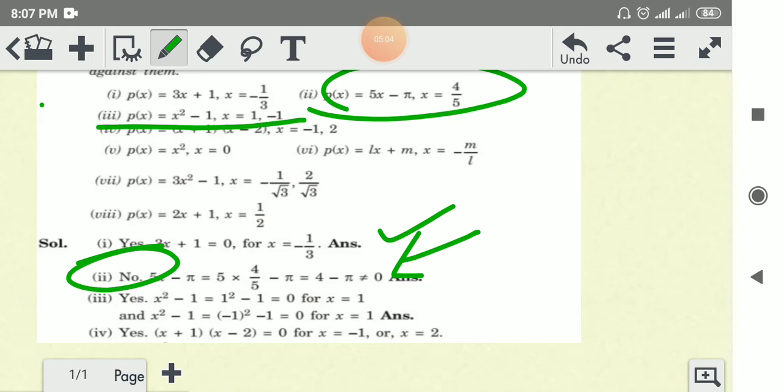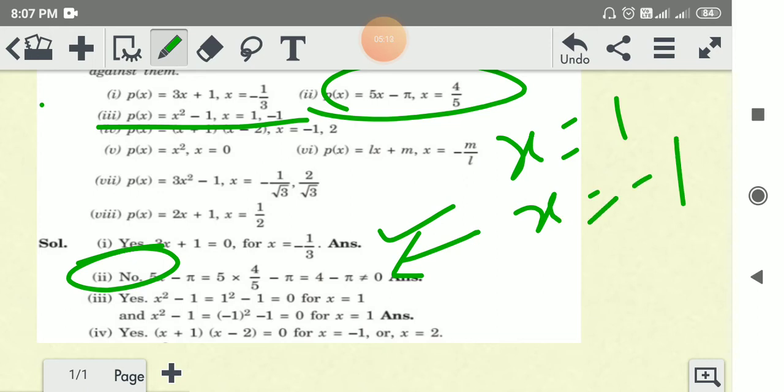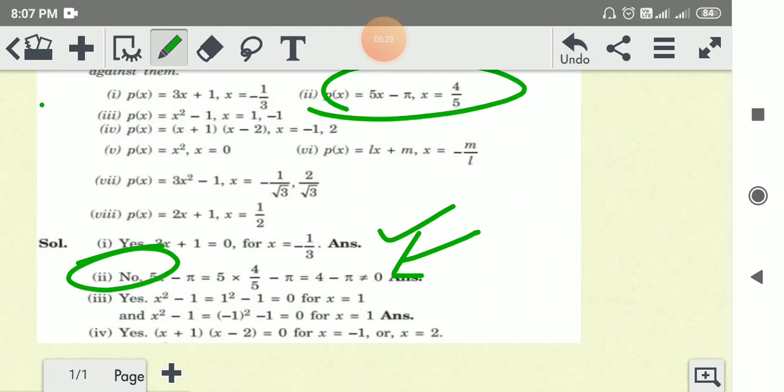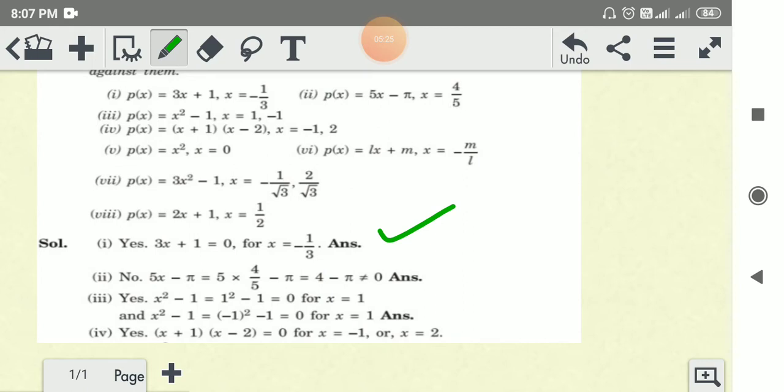Again in question third, here two values are given. First when x is equal to 1 and second x is equal to -1. We check both. We get 0 from x is equal to 1 and we get 0 again from x is equal to -1. So we can say easily these are zeros of the given polynomial. Again question number 4.